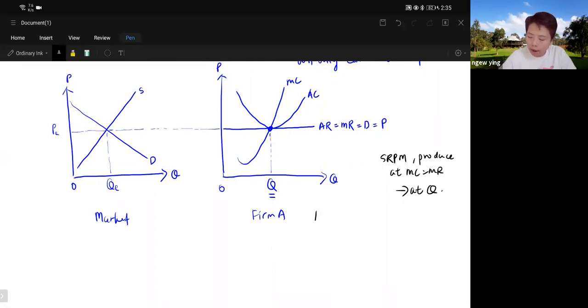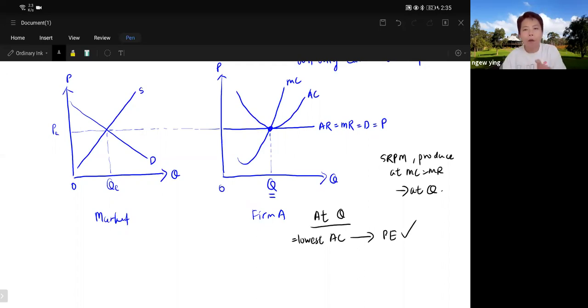So at Q, Q is the lowest point of AC. Therefore, we can say that the perfect competition firm has achieved productive efficiency, because it produces at the lowest AC point of output.